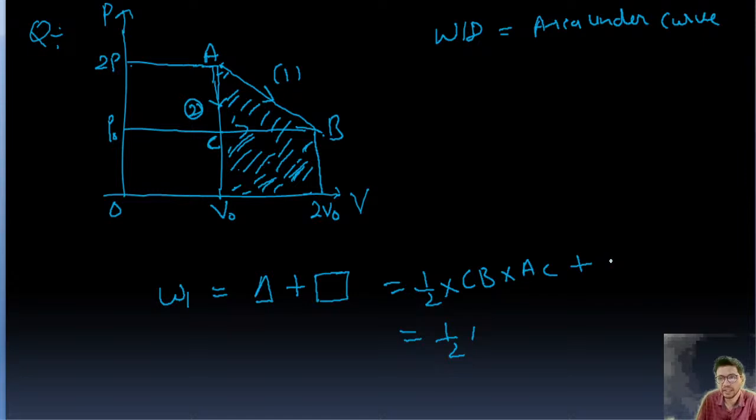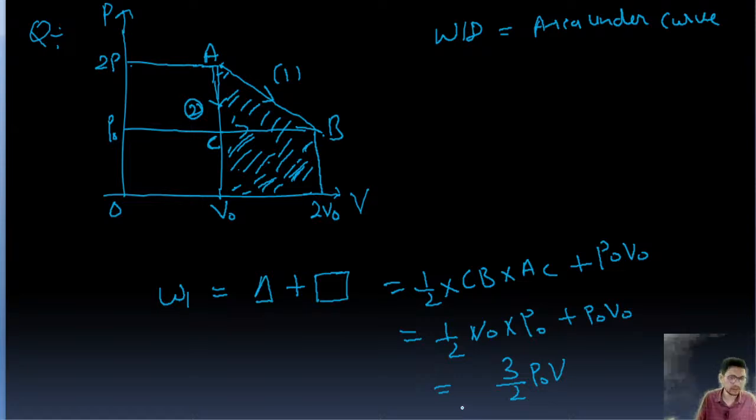The length is V naught, and the height is P naught. CB is V naught and AC is 2P naught minus P naught, that is P naught, plus P naught V naught. So this is going to be 3 by 2 P naught V naught.